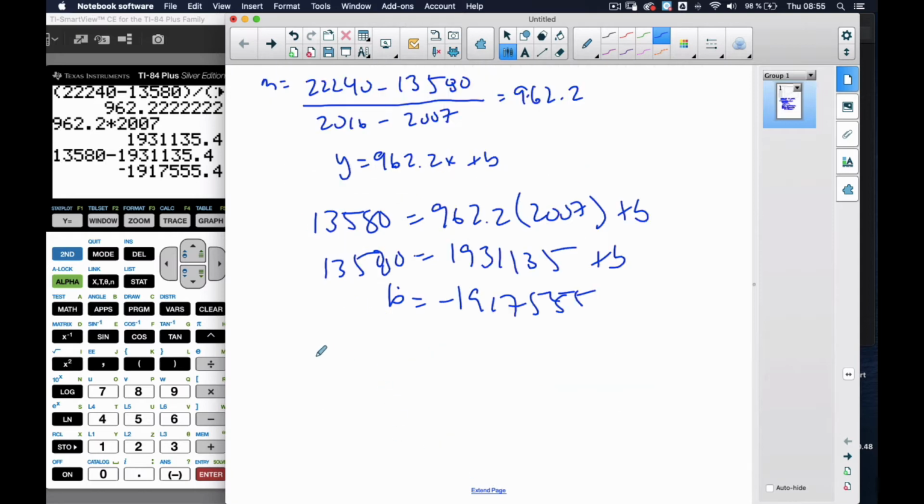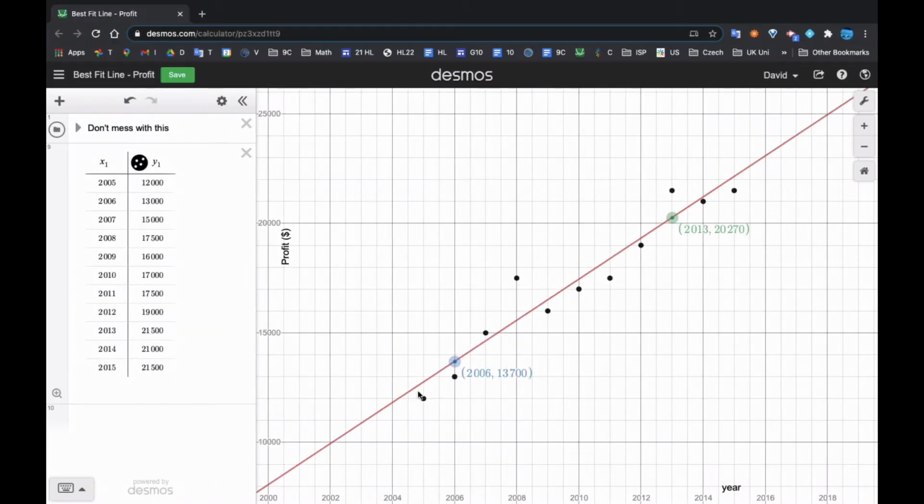And so my equation for the bottom line is y equals 962.2x minus 1917555.4. Then I should go to Desmos and see if it actually fits.